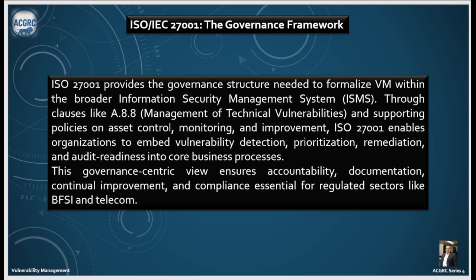ISO 27001 provides the governance structure needed to formalize VM within the broader information security management system. Through clauses like A8.8, which is management of technical vulnerabilities, and supporting policies on asset control, monitoring, and improvement, ISO 27001 enables organizations to embed vulnerability detection, prioritization, remediation, and audit readiness into core business processes.